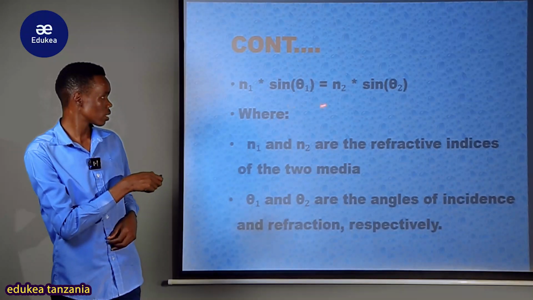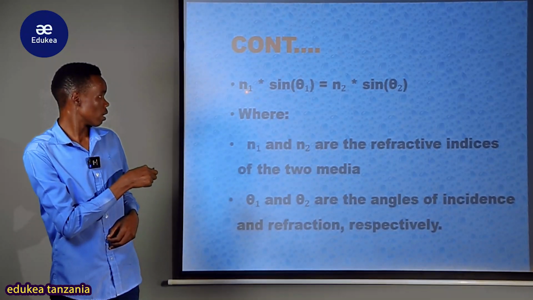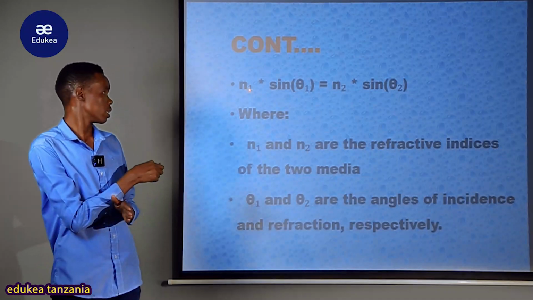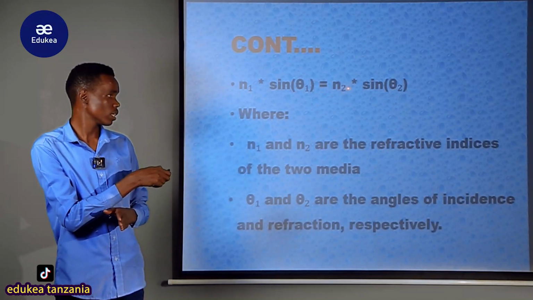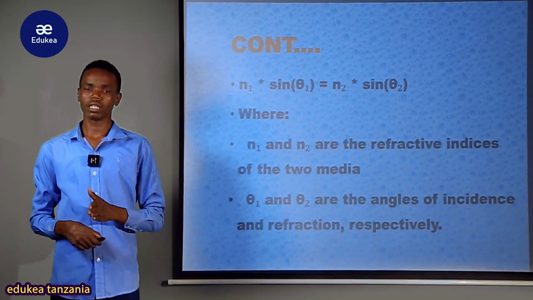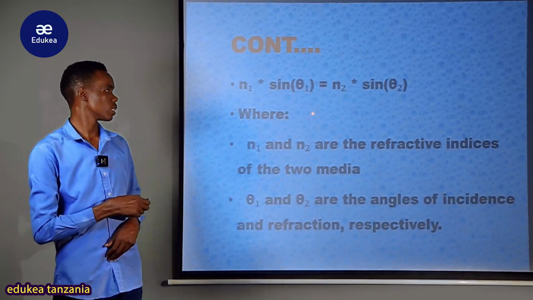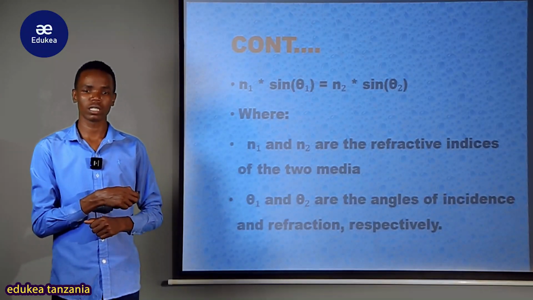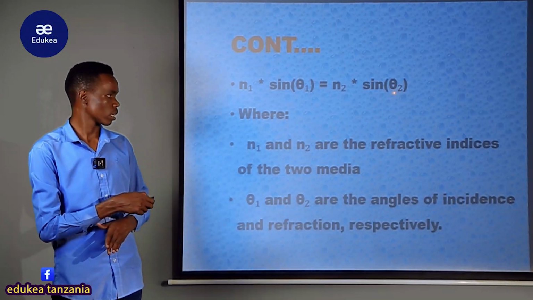Our formula is this one, where the refractive index of air is represented by this symbol, and the refractive index of water is represented by this symbol. The angle of incidence is represented by theta 1, and the angle of refraction is represented by theta 2.